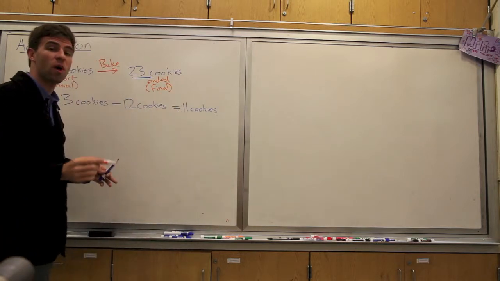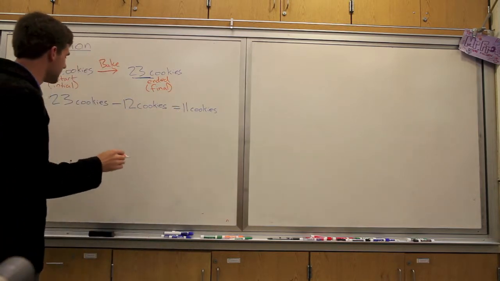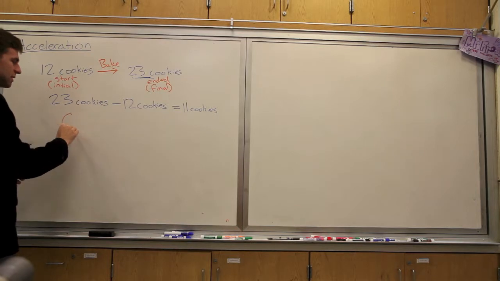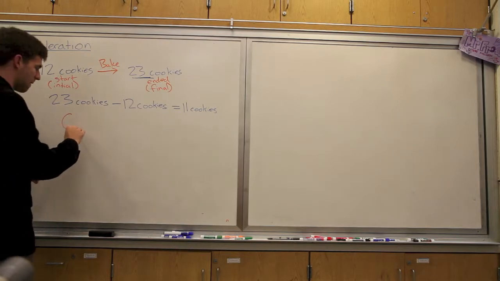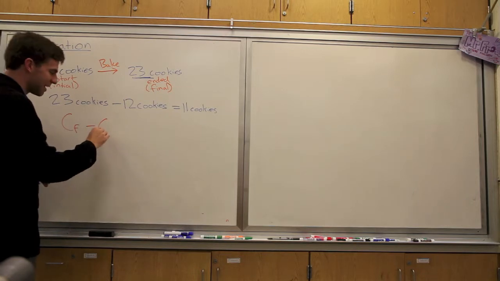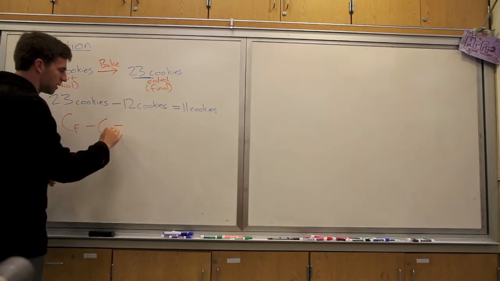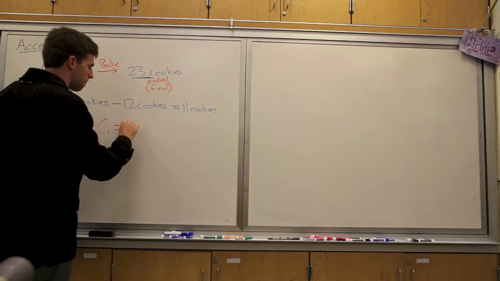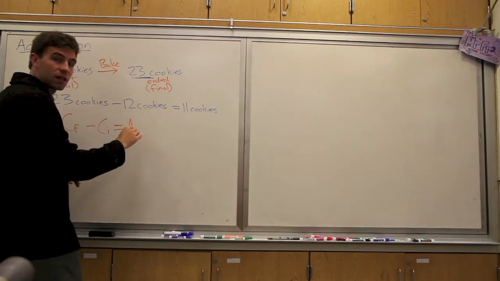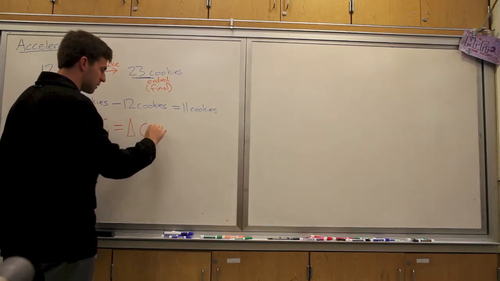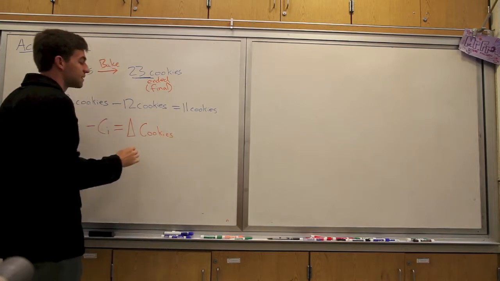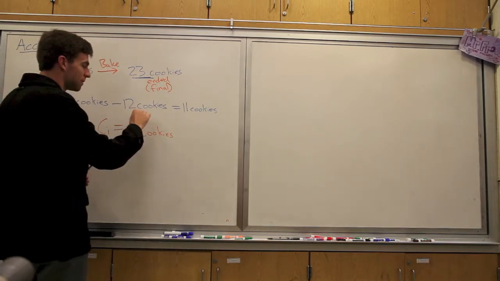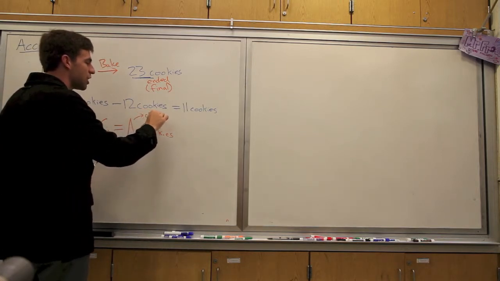So for cookies, the way you'd note this is C for cookies, F for final, minus C for cookies, I for initial, is equal to change in cookies. Scientists also use this triangle that means change.